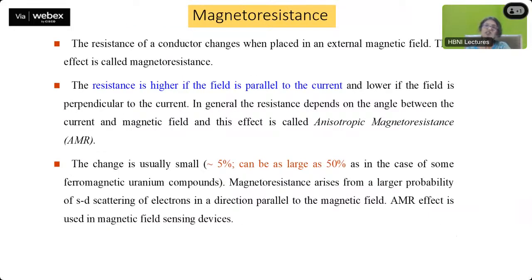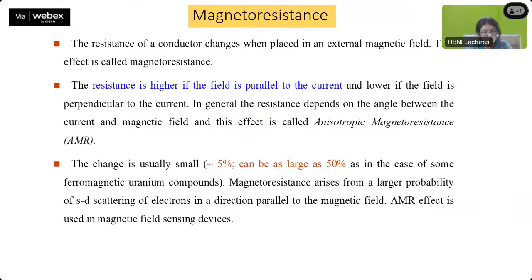Then another very important term is magnetoresistance. Here the resistance of a conductor changes when you place it in an external magnetic field. This resistance is high if the field is parallel to the current, and it is low if the field is perpendicular to the current. So in general, the resistance depends on the angle between the current and the magnetic field. Because it changes with the direction, it is known as anisotropic magnetoresistance.